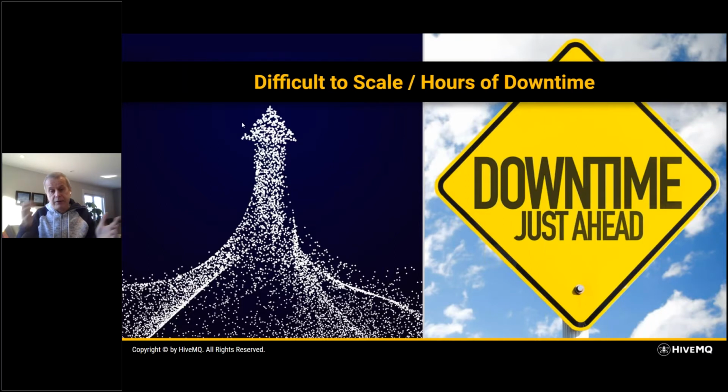And really, the summation of a lot of these problems is that it's very difficult to scale. It's very difficult to bring up a new line or a new factory. If something goes down, the downtime can be quite significant because the software is not well thought out and not well connected.